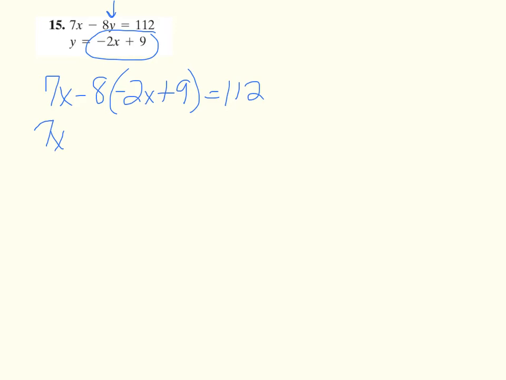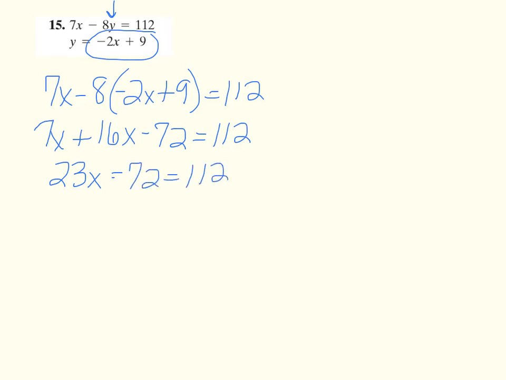Negative 8 times the negative 2x is plus 16x. Negative 8 times a positive 9 is minus 72 equals 112. Combine like terms, 23x minus 72 equals 112.